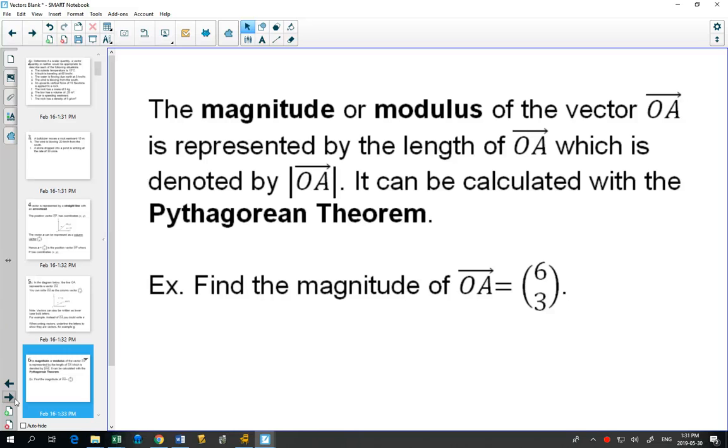And so the absolute value makes it positive because we always talk about distance as a positive value. Now, if you're trying to find the length of the vector 6, 3, you could draw that vector from 0, 0 to 6, 3, and you can make a right-angled triangle and do a² + b² = c².